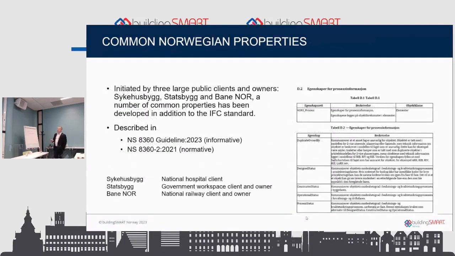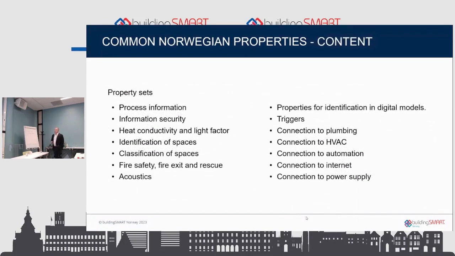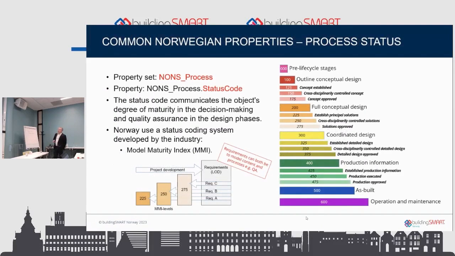We have a lot of process information also. Process status is one of them. These are the property sets that we have developed, and the properties for identification of digital models, which I've been through quite thoroughly now, is one of them. Process status, we need to be able to know the maturity down to an object level.